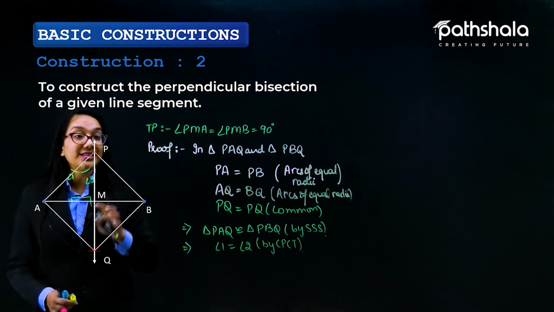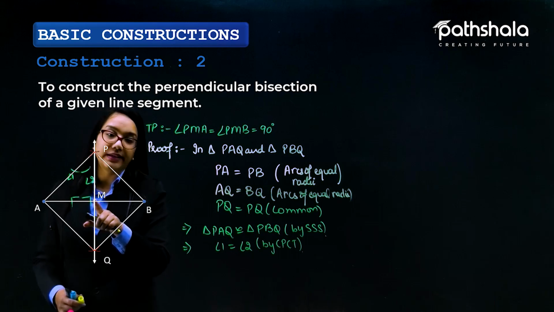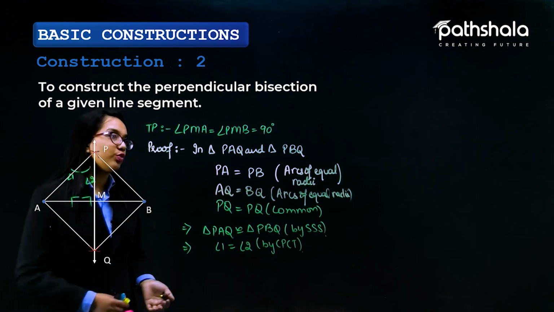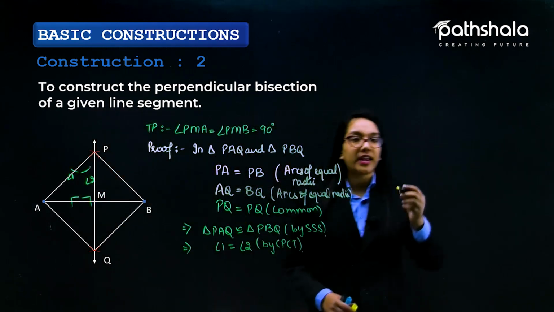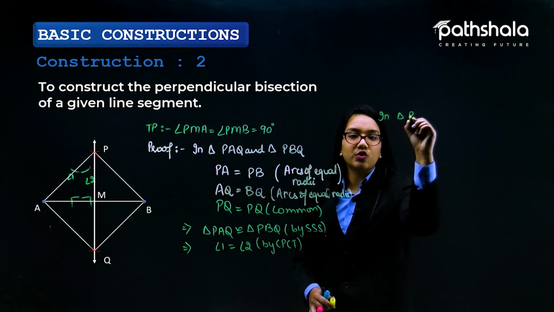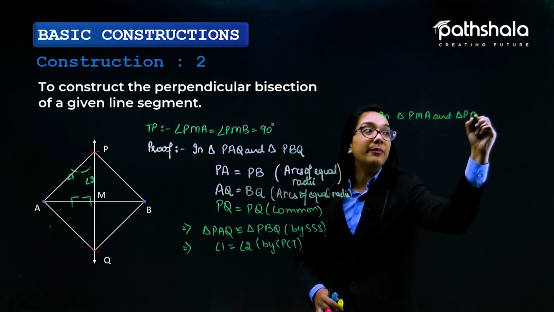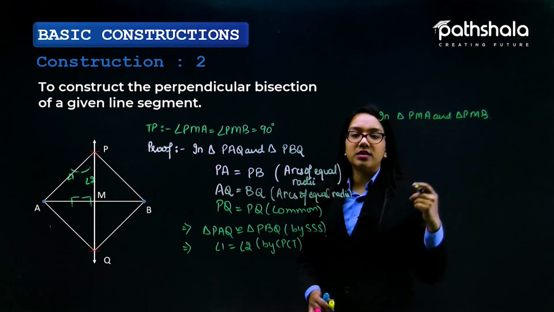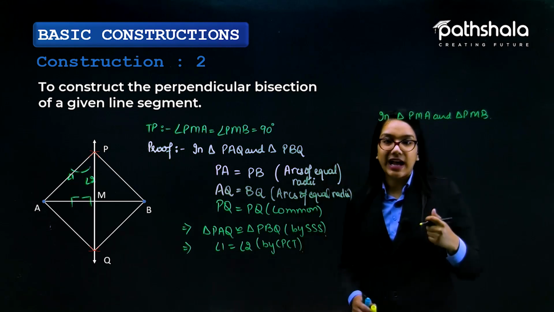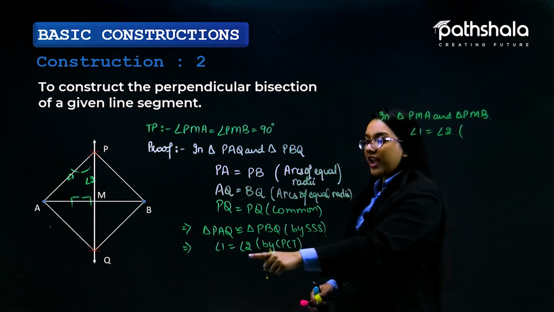But this is not the required thing. We just wanted to prove that this angle is 90 degrees. So let's move on further towards it. Let us suppose I'm taking the smaller triangles, triangle PMA and triangle PMB. In these two triangles, first of all, I can say that angle 1 is equal to angle 2 because we already have proved it.